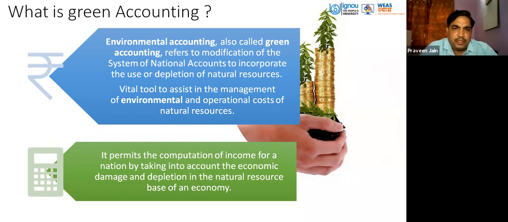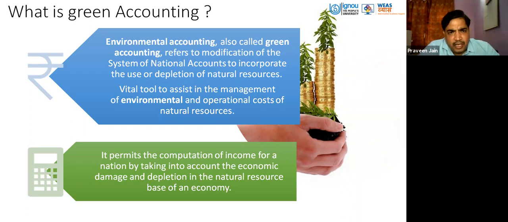From this accounting, we get the idea of how much natural resources are depleting and what the cost is to conserve them. That helps in the management of environmental resources.